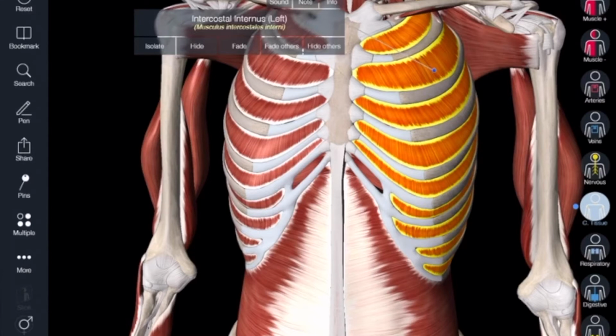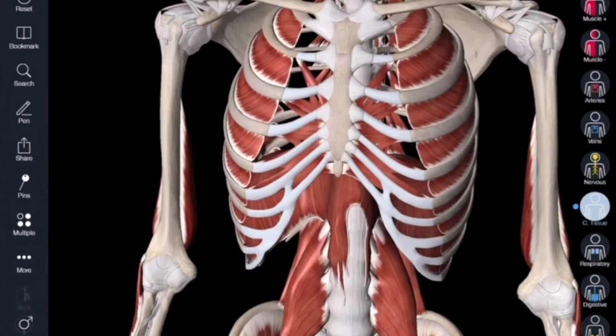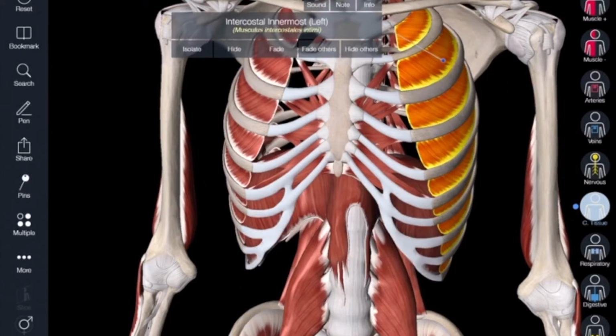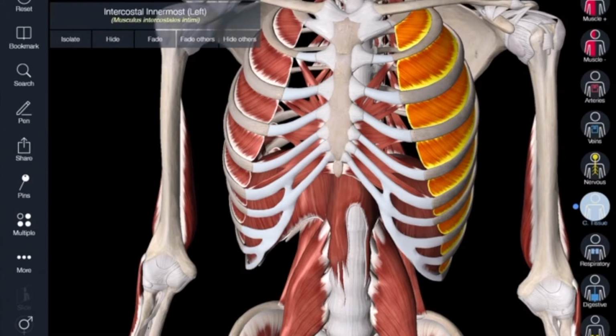So now if we look at the internal intercostals and look at their actions, we're going to find the exact same actions in reverse. So their standard mover action is depression of the ribs or compression of the rib cage for expiration or exhalation, and their reverse mover action is elevation of the rib cage or expansion of the rib cage for inspiration. So what that means is they both really can expand the rib cage and compress the rib cage.